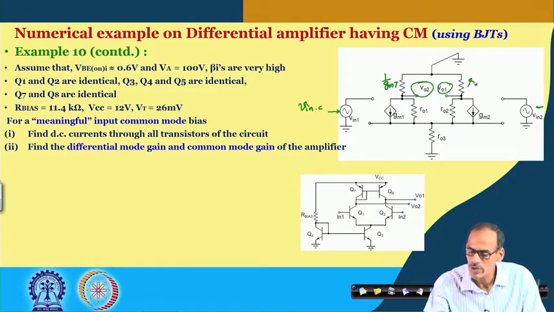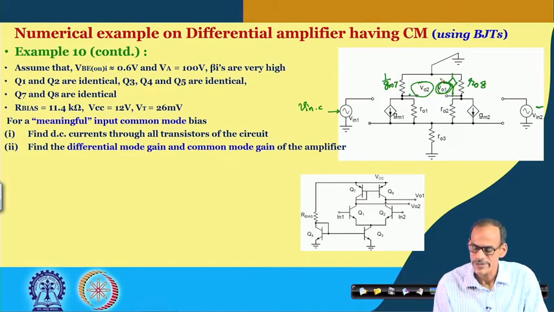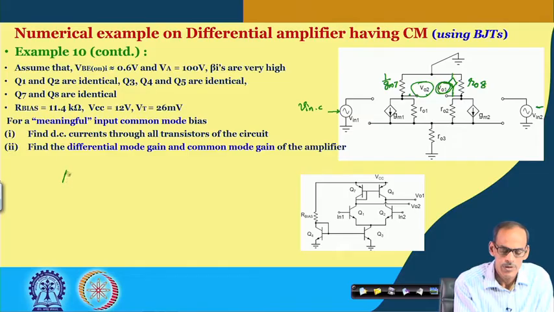So, even though we do have RO8 connected here, we do have a voltage dependent current source which depends on this voltage, making this node very insensitive, or a smarter way to calculate the common mode voltage. You can see that common mode gain is essentially VO2 divided by Vinc.